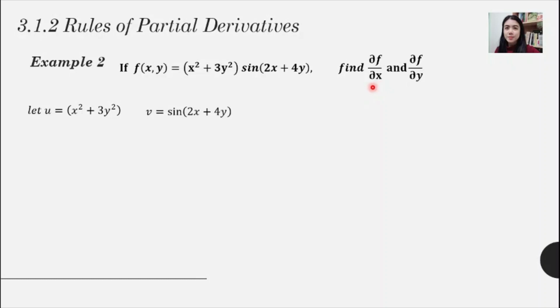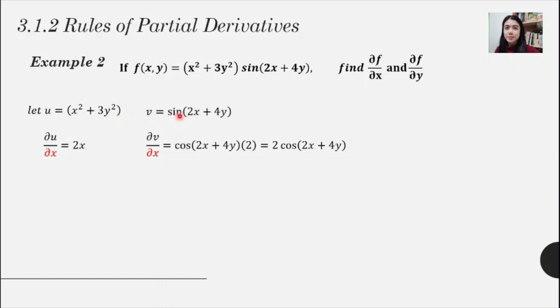It means that this one you also have to differentiate with respect to x. This one also you have to differentiate with respect to x. So let's find the differentiation. This one, del u del x, basically gives you 2x, and this is actually 0 because this is a constant.